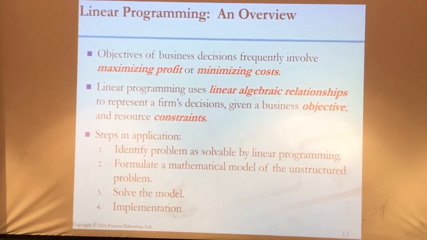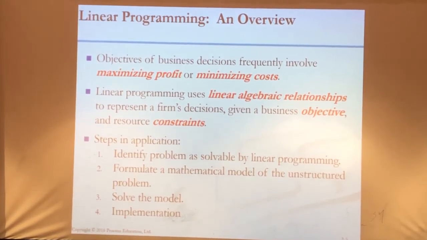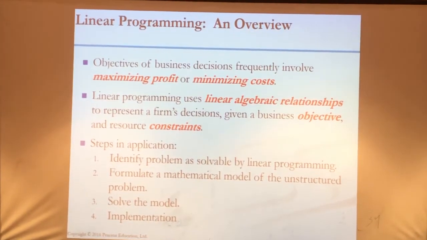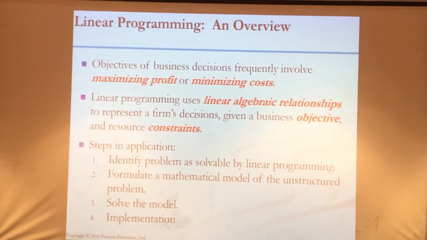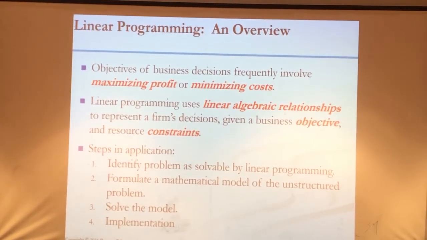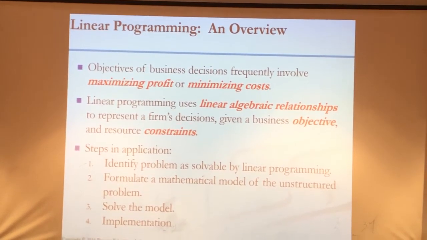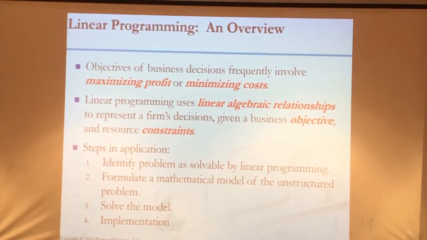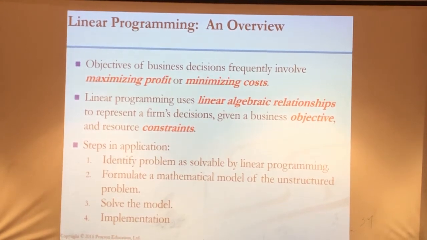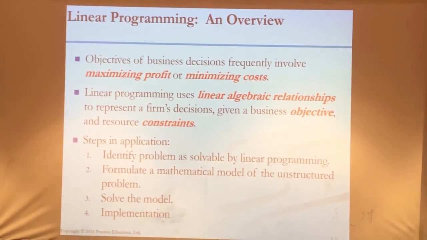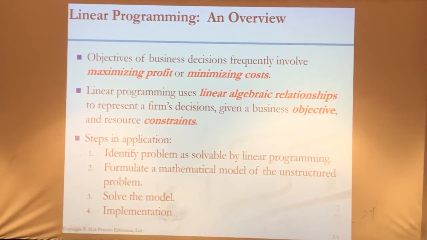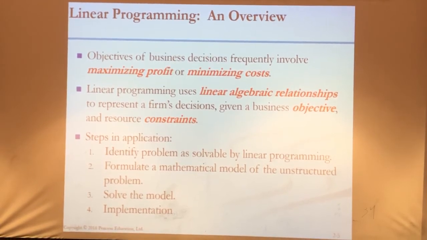An overview of linear programming: we will have an objective function. Objectives of business decisions frequently involve maximizing profit or minimizing costs. Linear programming uses linear algebraic relationships to represent a firm's decision given a business objective and resource constraints. So our objective function, which will be either to maximize or to minimize, will have linear relationships. Also in our constraints, there will be linear algebraic relationships.